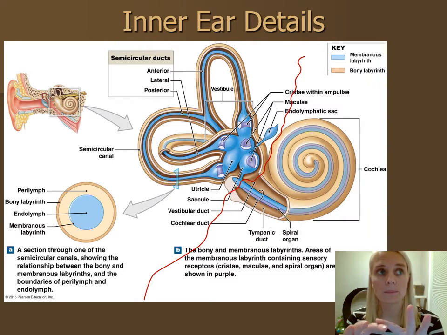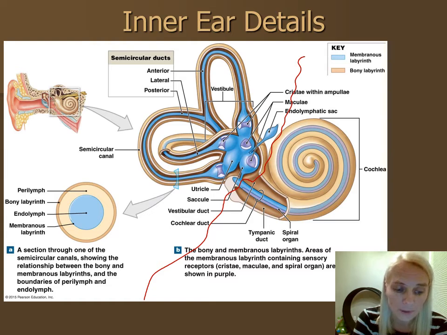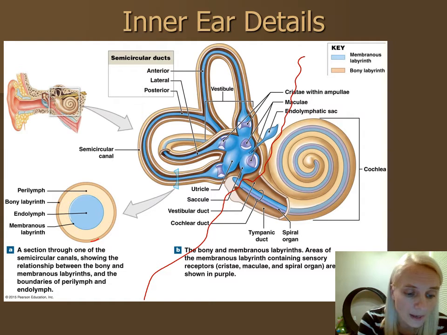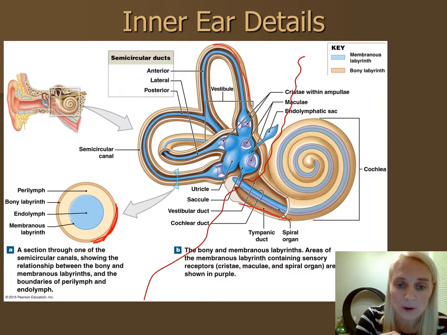But both the vestibular complex and the cochlea structurally have some similarities. You'll notice the way this is diagrammed, we have a tan pattern of all of the loops and swirls of these two structures. This is actual bone. It's called a bony labyrinth. So the bony labyrinth is this darker tan, all of this bony part here.